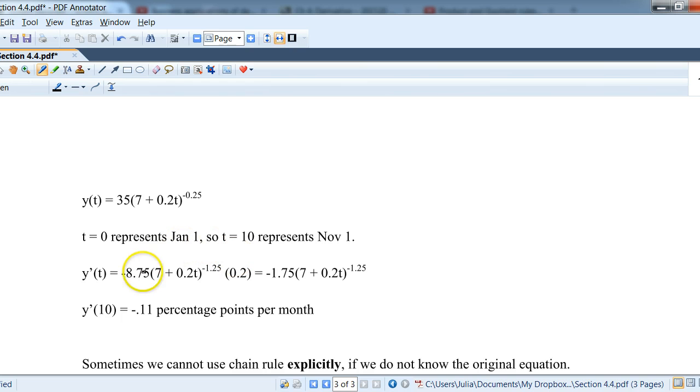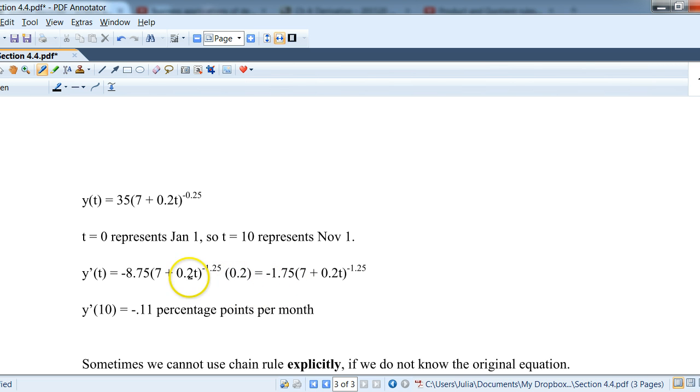So when we take the derivative, we can use the chain rule, which is negative 0.25 times 35. That would give us negative 8.75 times 7 plus 0.2t to the negative 1.25 power, again that's the outside, times the derivative of 7 plus 0.2t, which is just 0.2.